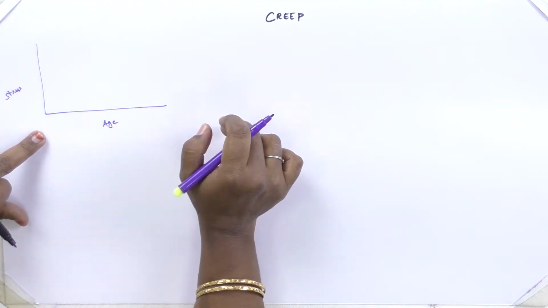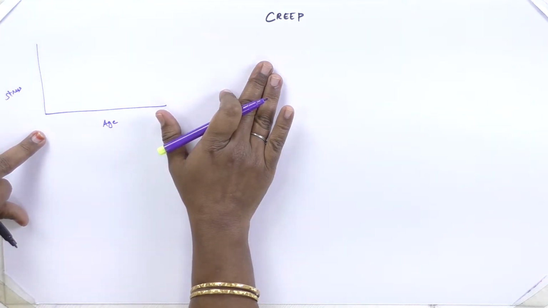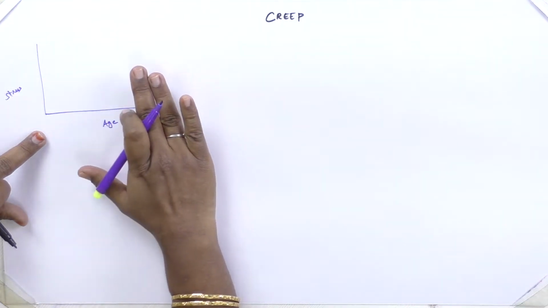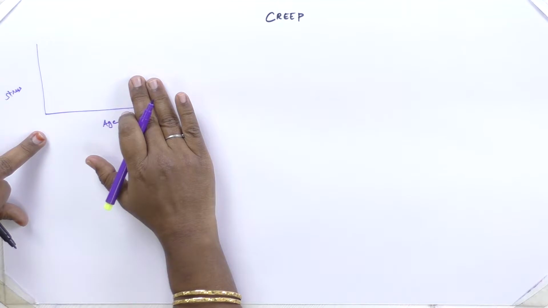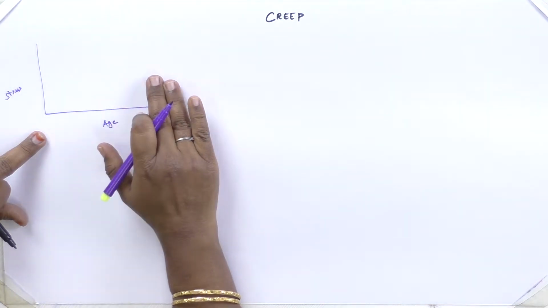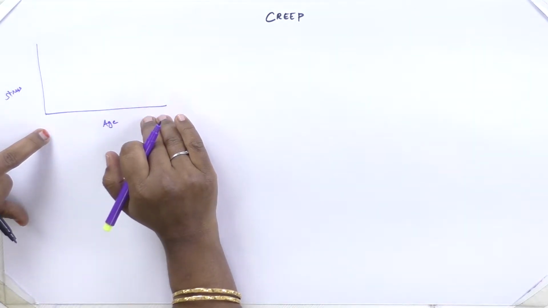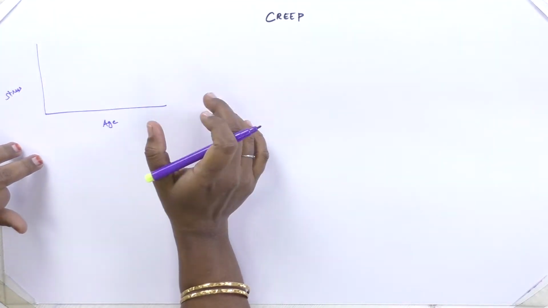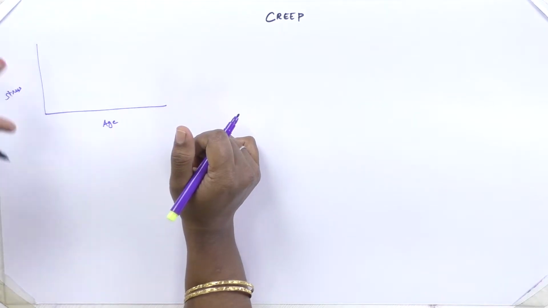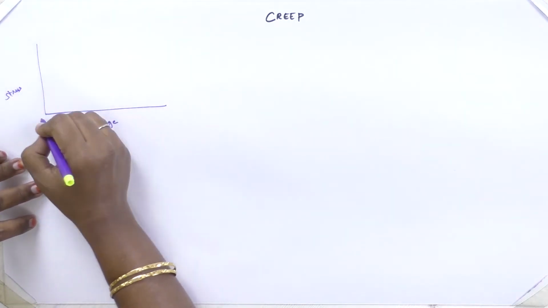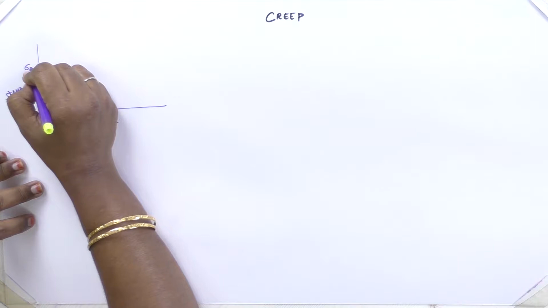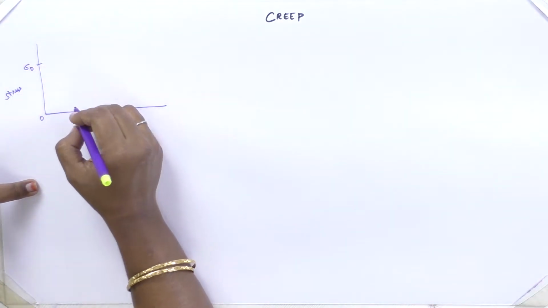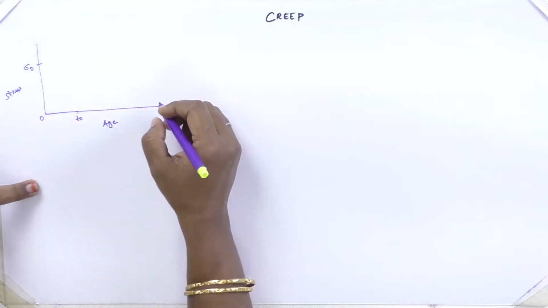As per the definition, creep occurs due to the sustained stress, that is, the permanent deformation occurs due to the long-term exposure of the stresses. This is 0 and this is sigma naught. This is the stress. This is T naught.